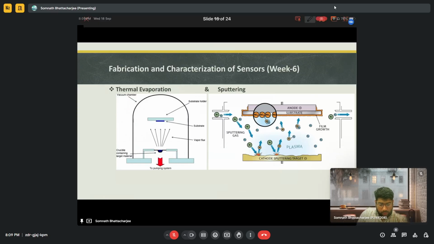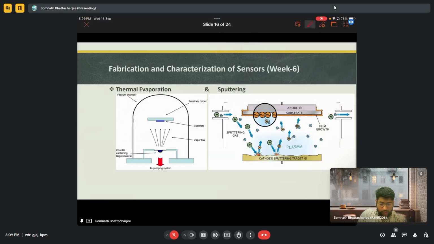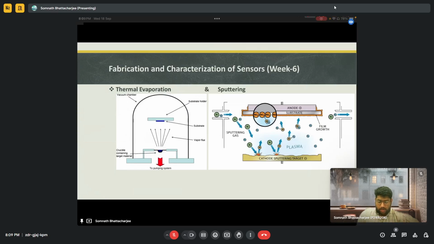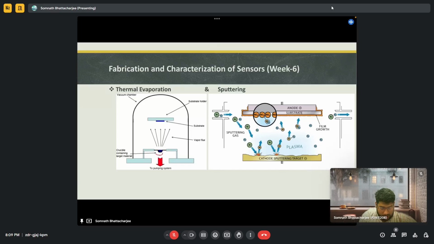Now, two of the most important fabrication or deposition techniques are thermal evaporation and sputtering. What happens in thermal evaporation is that there's a boat with a specific material inside it, a crucible containing the metal. It's called a boat. Maybe here we have gold or silver, and we just heat it.